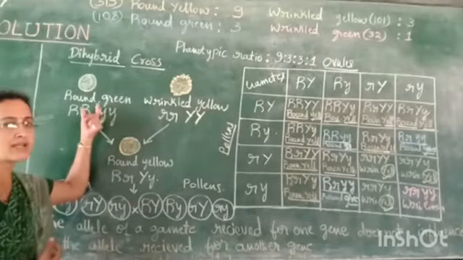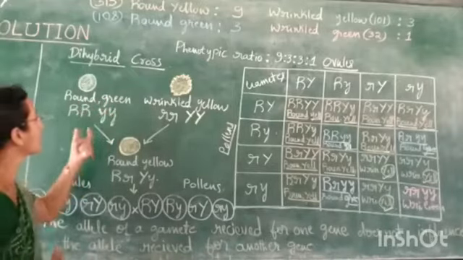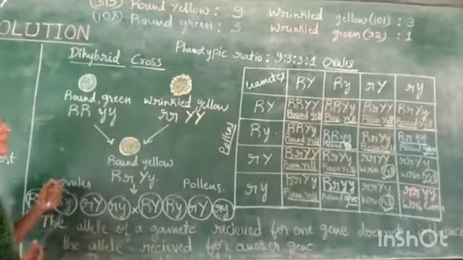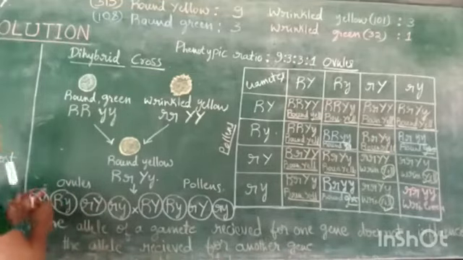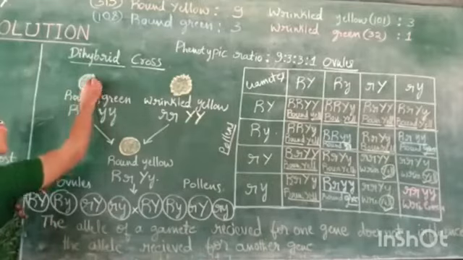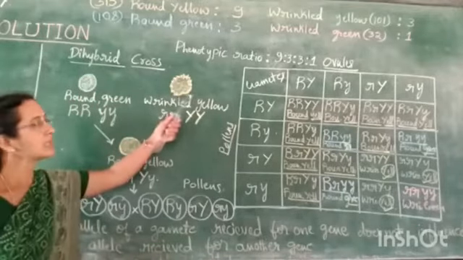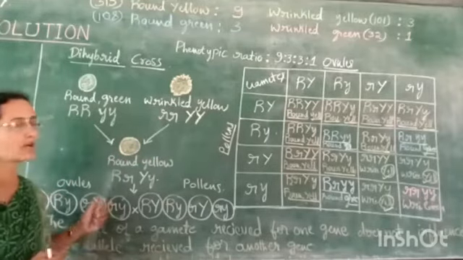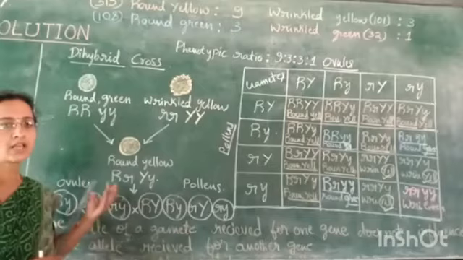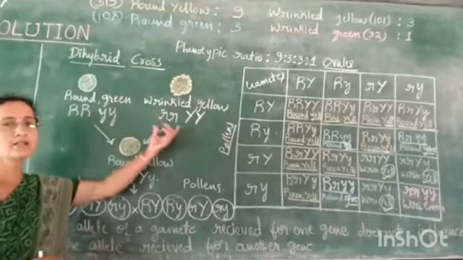He chooses the seeds of the garden pea plant. The first character was the shape of the seed. The shape of the seed was round. Here you can see the round seed. Here you can see a wrinkled seed. So the first character he chose was the shape of the seed: round seeds and wrinkled seeds.